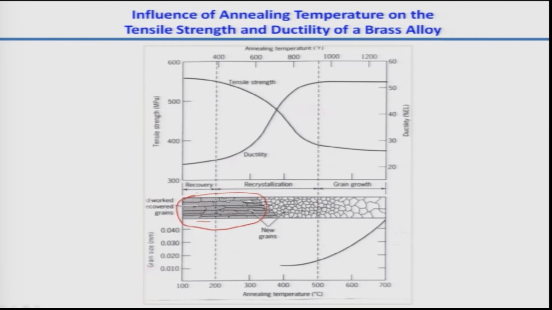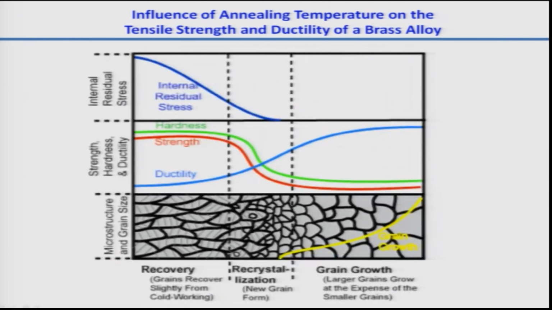That means the defect structure which represents dislocations and other things, point defects, they reorganize themselves, and then once you heat it to high temperature, something like 300 to 400 Celsius, new grains form. That is what is known as recrystallization, and if you heat it up beyond 500, the grains grow. We will discuss each of these things separately. So let us first discuss what actually happens in recovery.